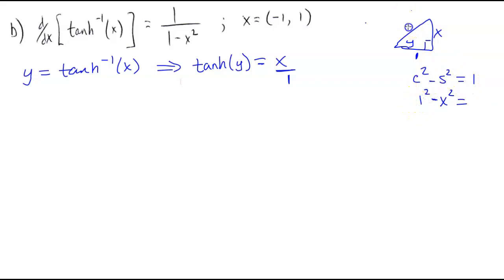Now, if we let this side be r, then this would be r squared. So now we just have 1 minus x squared is equal to r squared, and to get r by itself, we can just take the square root of that. My point here is that we can borrow this template to help us know the relationships of tangent hyperbolic, sine hyperbolic, cosecant hyperbolic, and so on and so forth.